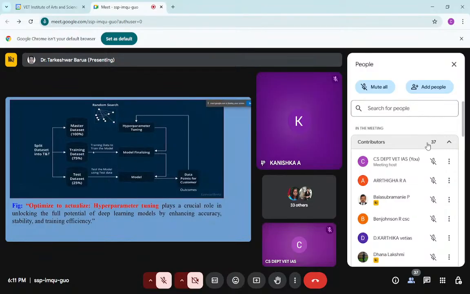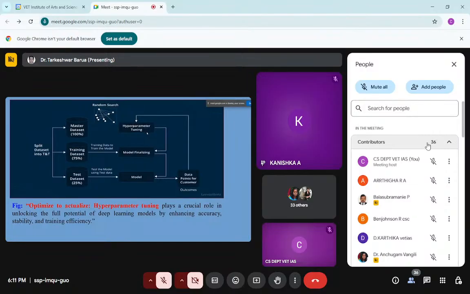All right, then we take the training data to the training model, and the model is getting trained. Once it is done, we have to test it. So the testing data we pass to the model, and if everything is okay, then it is fine. If not okay, then we try tuning, hyperparameter tuning.